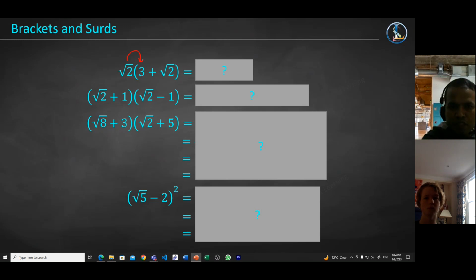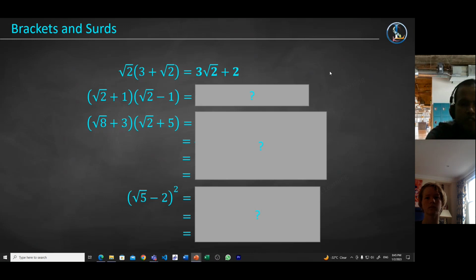Square root 2 times 3, you can write as 3 square root 2, since it's a convention to write the integer before the square root. Then we multiply square root 2 with square root 2, that's going to be 2, right? So this will be your simplest form. After simplification of the surds, you got 3 square root 2 plus 2.